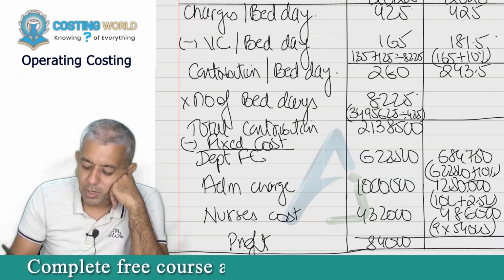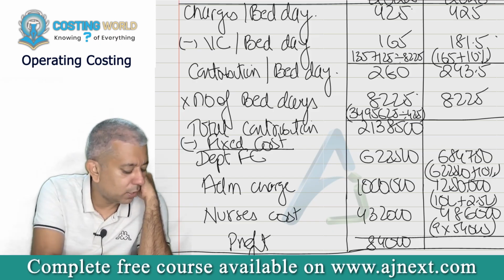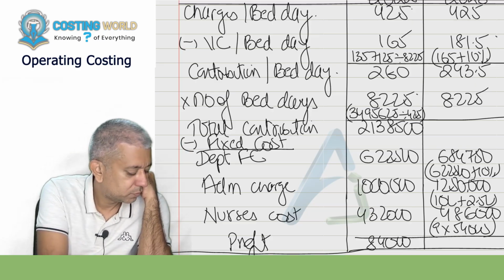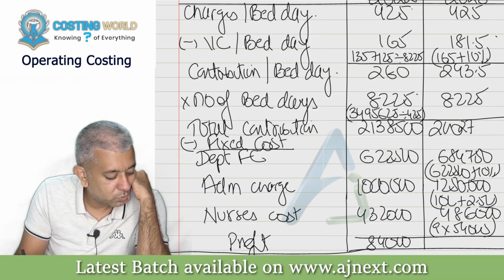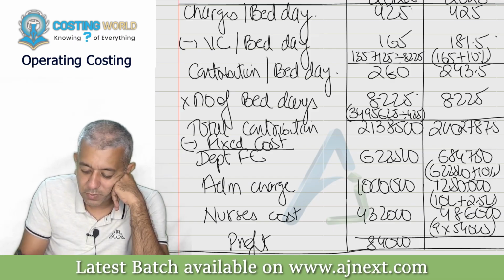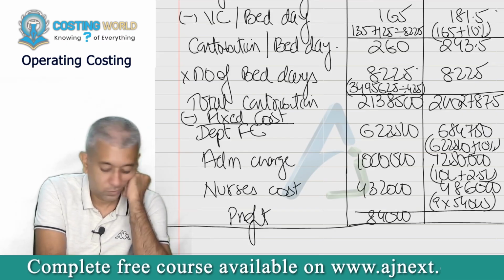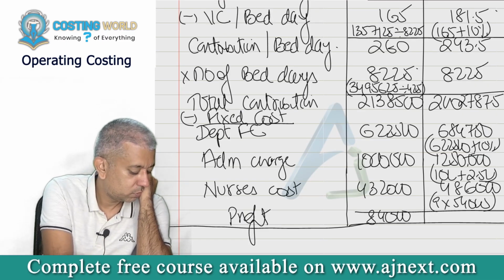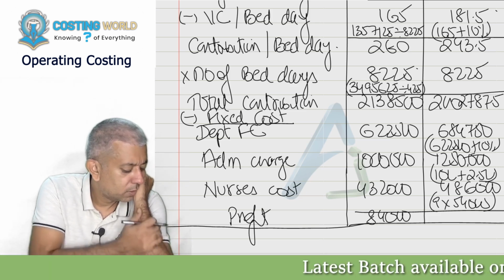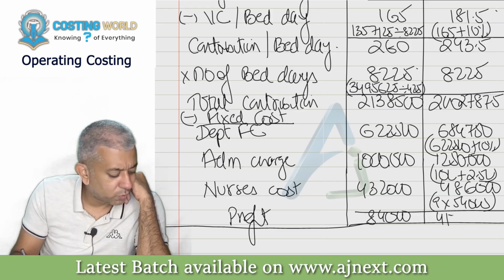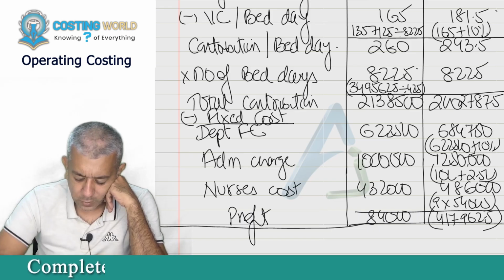Tell me, number of bed days is going to be how much? 8225. 2002787.5 minus 50,000. There is a loss of 417,962.5. Is that okay? Okay.